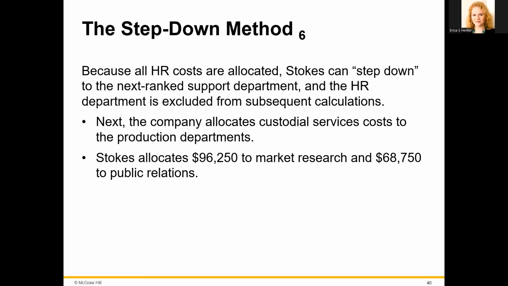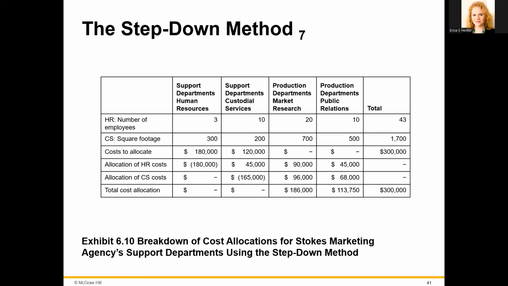So you're going to take the square footage from those two separate departments. Here's the allocation of the HR costs, which we already did. So the 180 got put into custodial services, market research, and public relations here.